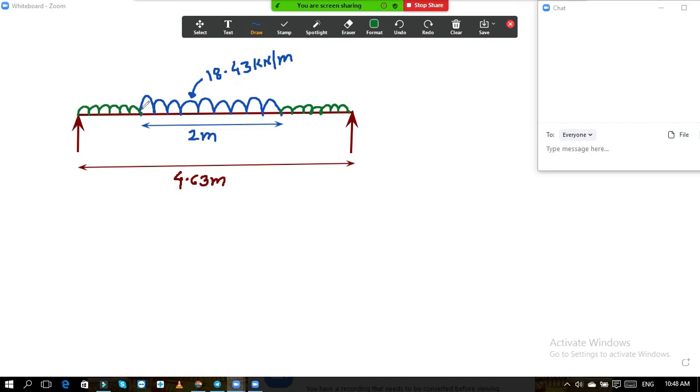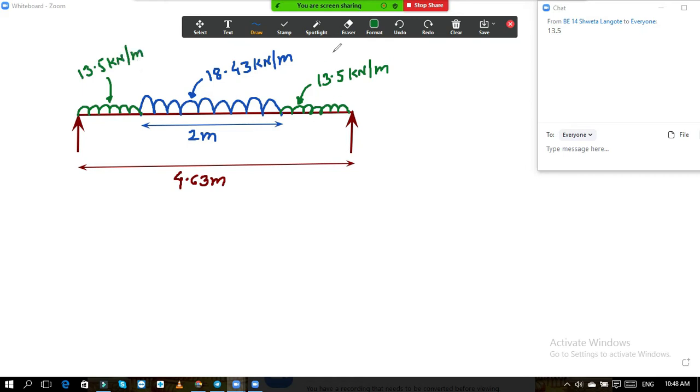And what was the value of that UDL? What was the value? I am not remembering that. Put it in the chat quickly. What was the value? 13.5. Okay, so this is 13.5 kilonewton per meter.